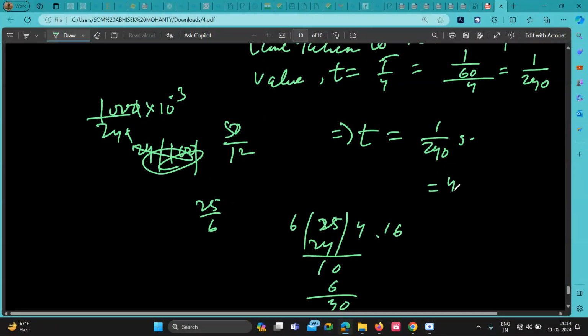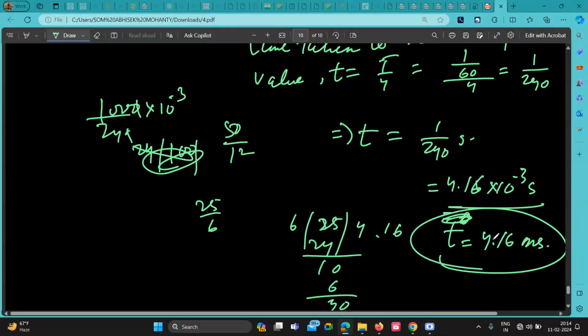That means 4.16 into 10 to the minus 3 seconds. So this is 4.16 millisecond we can write. This is the time it takes to reach the peak value of current. Is that all right?